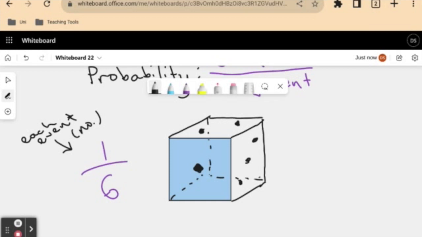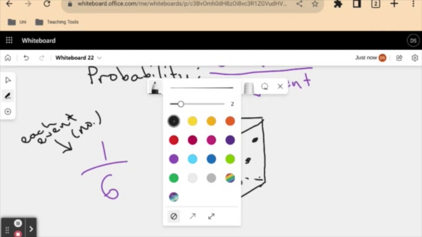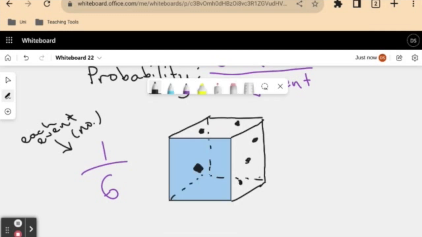Well, how many different even numbers do we have on our die? And I'm actually going to write this down here and show you some of the notation we use when we write probabilities. So we write P for a probability, and in brackets, we just write the event in question.